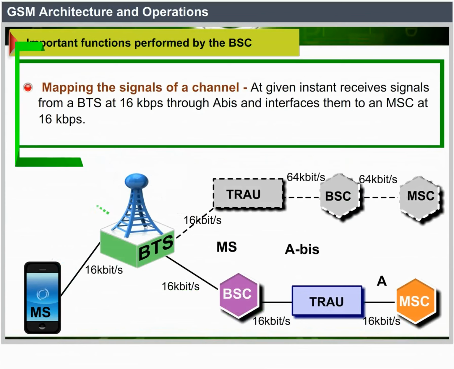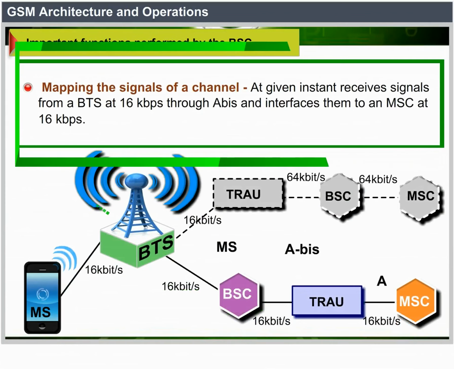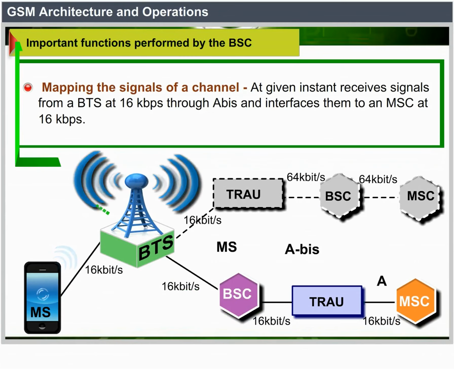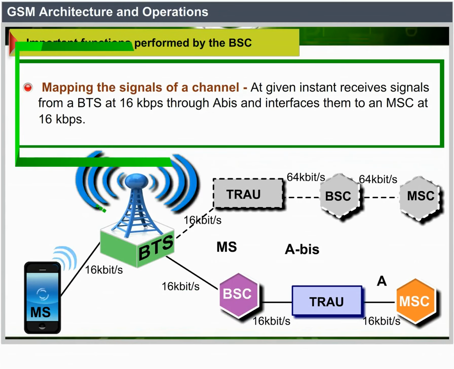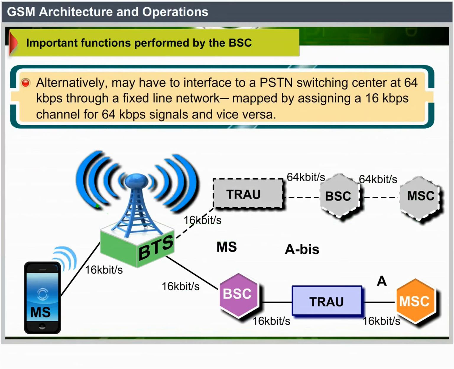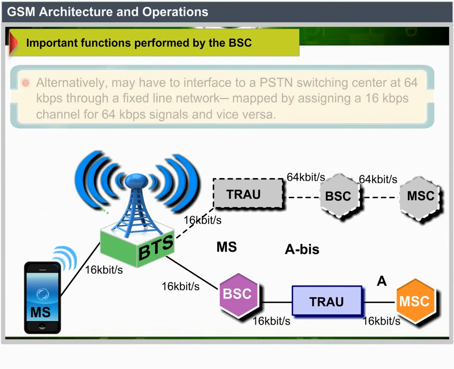At a given instant, it receives signals from a BTS at 16 kbps through Abis and interfaces them to an MSC at 16 kbps. Alternatively, it may have to interface to a PSTN switching center at 64 kbps through a fixed line network, mapped by assigning a 16 kbps channel for 64 kbps signals and vice versa.